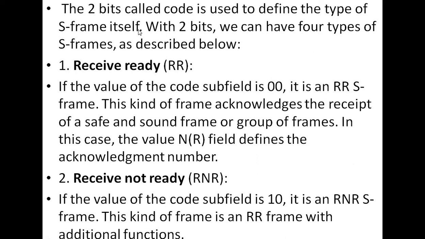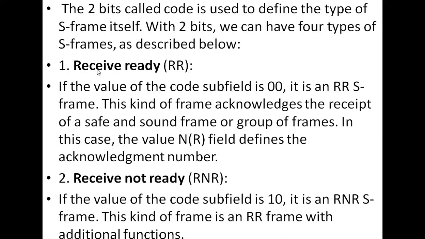That means what the different types of S frames available are, and what type of S frame the currently used frame indicates. With 2 bits we can have 4 types of S frames as described below.